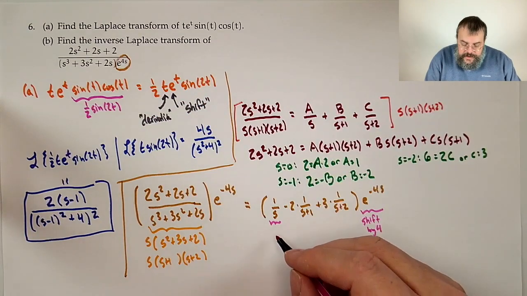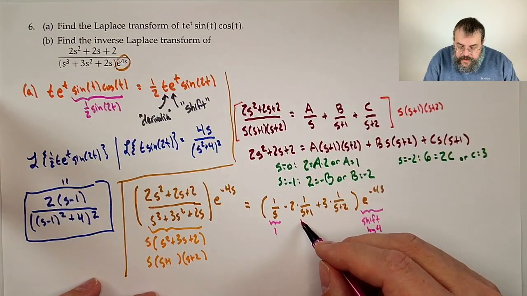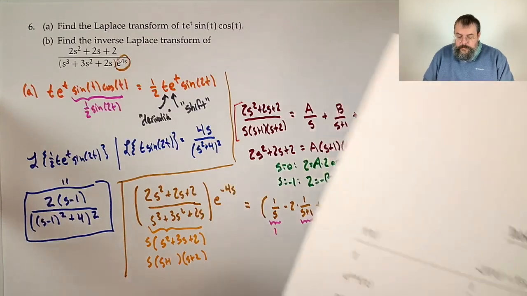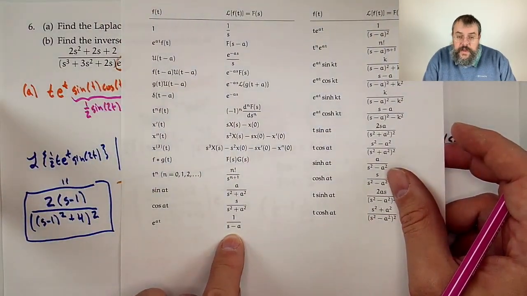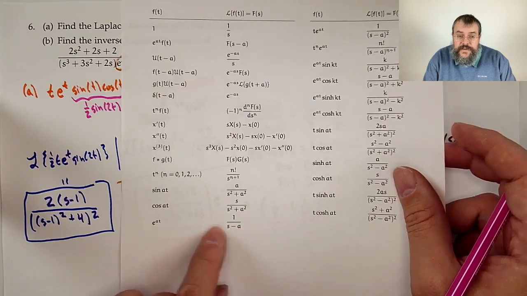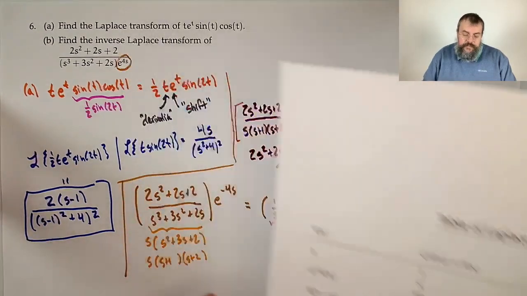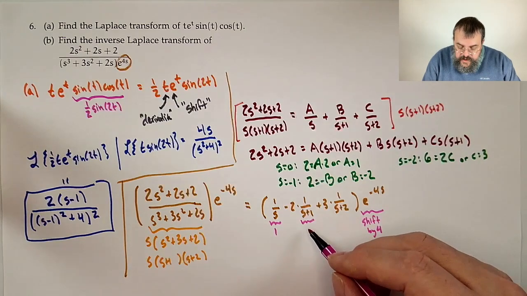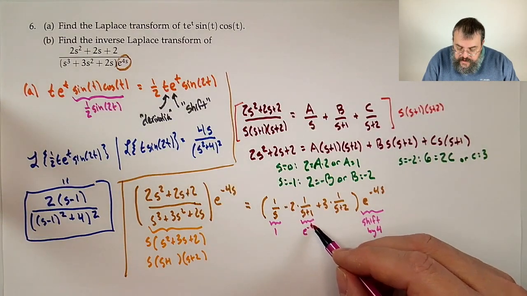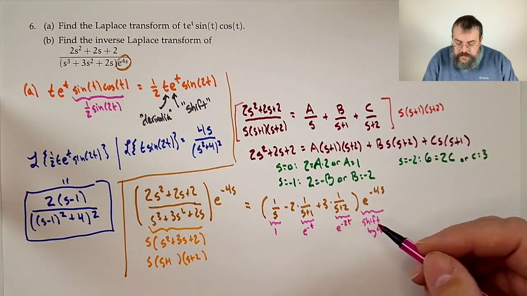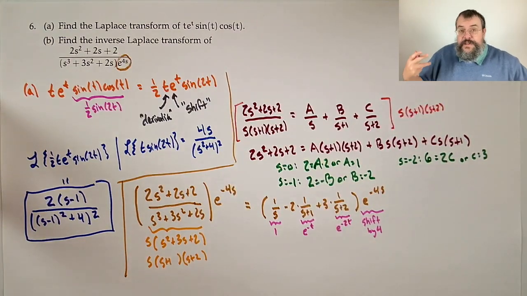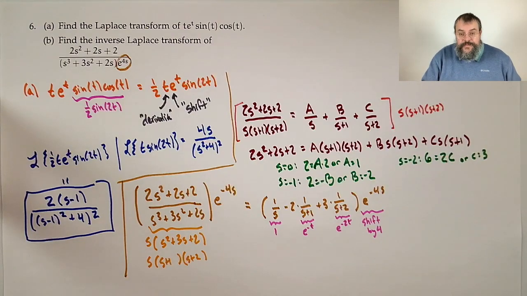That's going to be 1. 1 over s plus 1, well, that would be down here. See how it's s minus minus 1? So that would be e to the minus t. And then your s plus 2, same logic, e to the minus 2t. Now, that's before we do the shift.